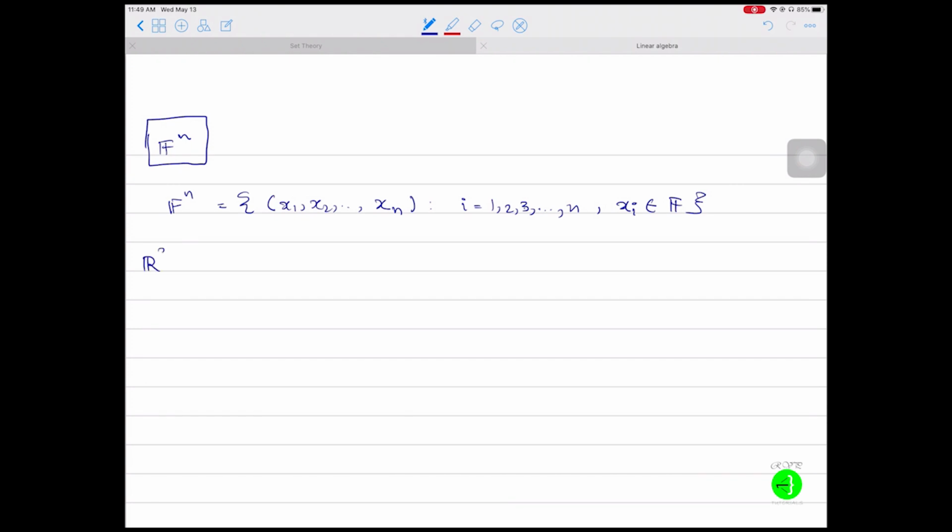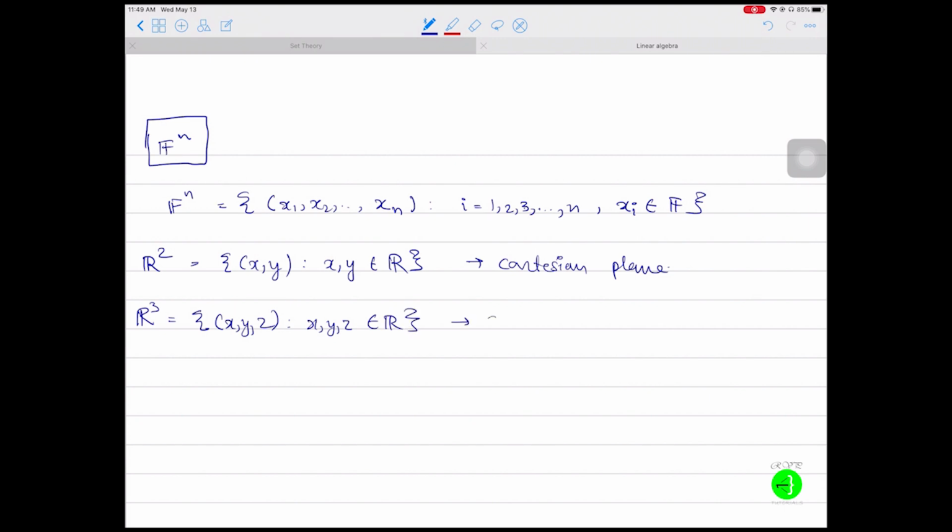So we can say that this R2 is the ordered pair xy such that x and y belong to R. And this thing is our Cartesian plane. And R3 is the ordered triplet xyz such that x, y, z belong to real numbers, and this is the ordinary space.